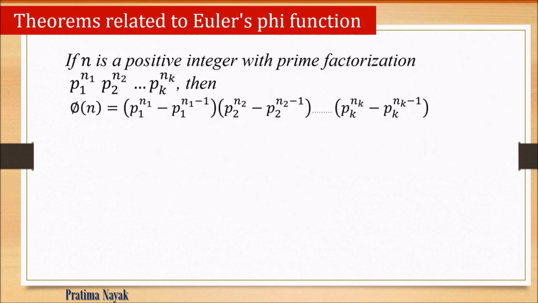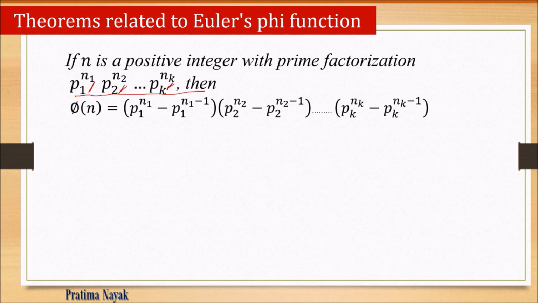So next is another theorem, for bigger or complicated numbers. If n is a positive integer with prime factorization p1 power n1, p2 power n2, up to pk power nk, then phi of n can be written individually.